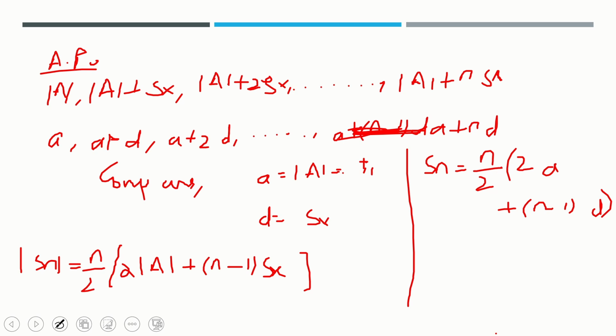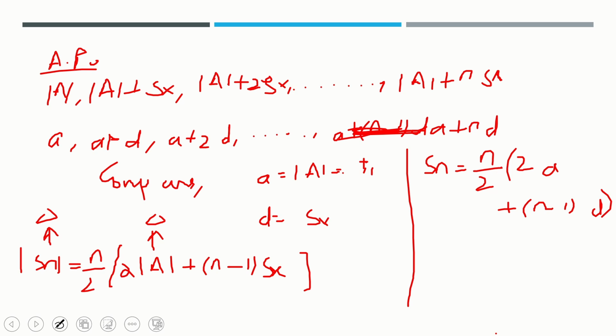So as this is a determinant, that's why I'm writing Sn in determinant, because we can assume that if A is a matrix and you write the AP in the form of matrix, definitely it will show a matrix of arithmetic nature, and the sum of all these matrices will become some matrix Sn.